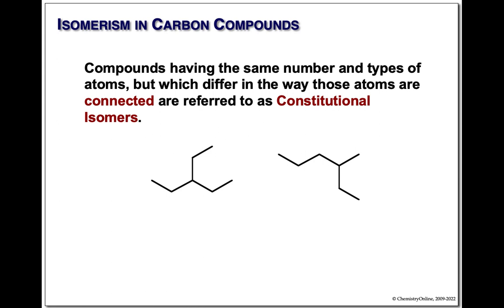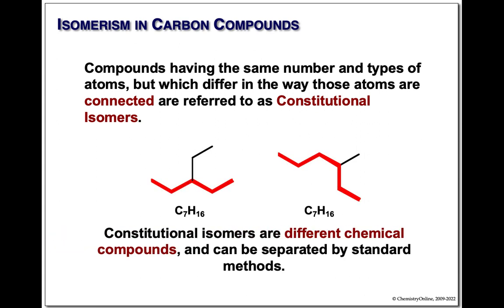This guy has 1, 2, 3, 4, 5 carbons in his longest chain, has a total of 6, 7 carbons to it. It's C7H16, right? This is 1, 2, 3, 4, 5, 6, 7 carbons also. It's also C7H16. This is our longest chain here.